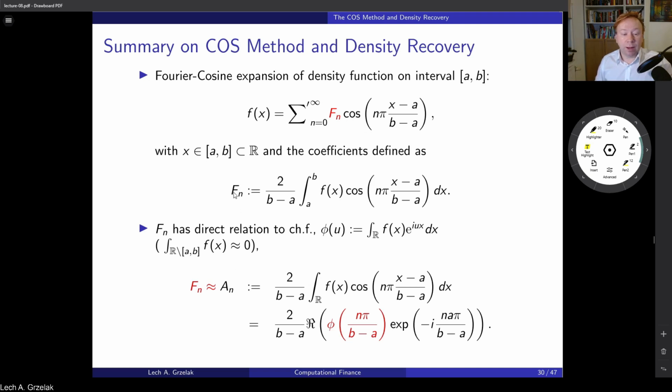This term, Fn, can be approximated by An, which is essentially a truncated integral, and as we can see, it is actually a real part of the characteristic function. So you can see we translate this integral into the real part of the characteristic function scaled with an exponent. And this is the greatest benefit of the COS method.